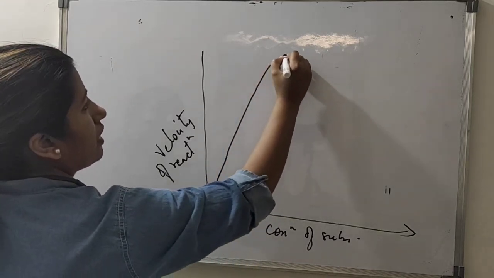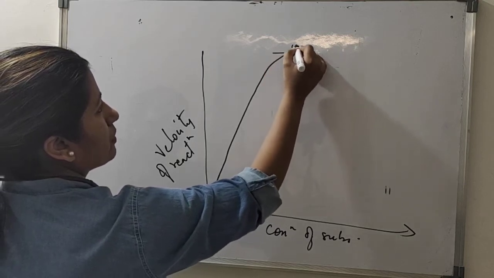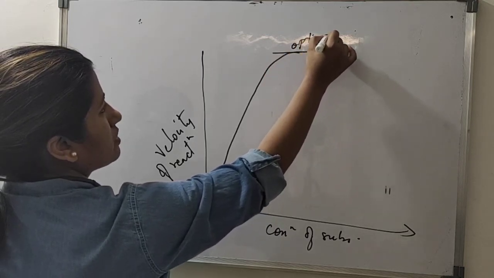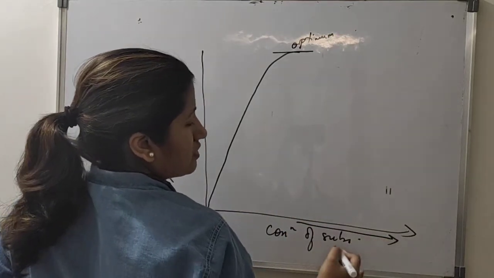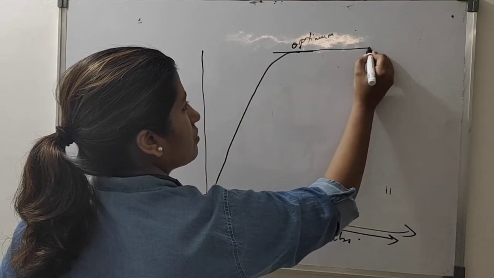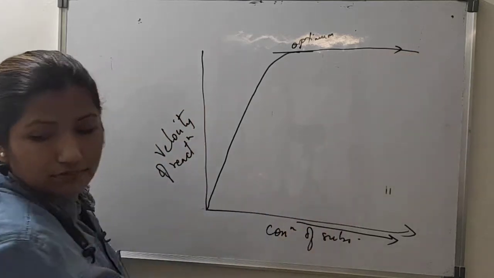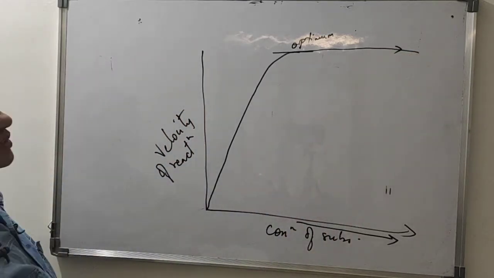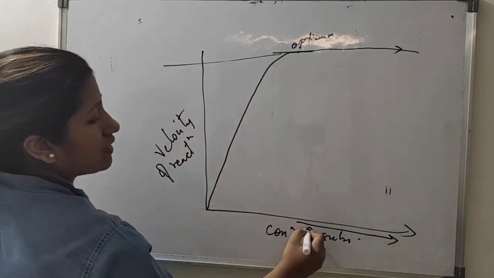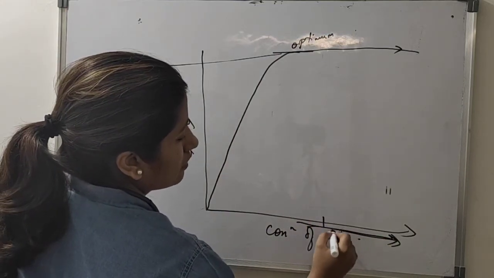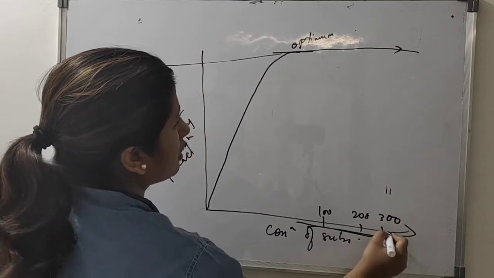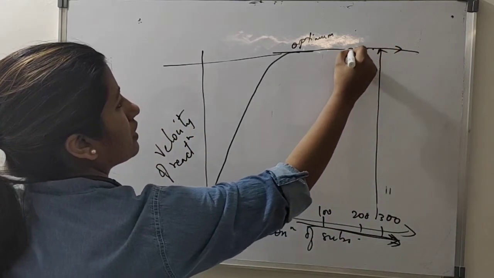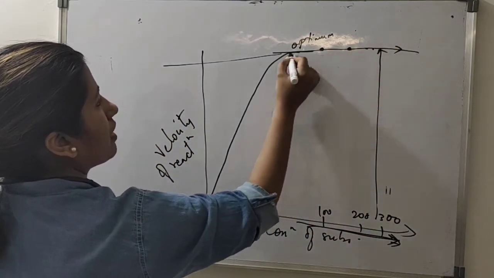It will keep on happening up to a certain level, that is the optimum limit. After that, no matter how much you increase the concentration of the substrate, the velocity remains the same. If you are increasing the concentration from 100 to 200 to 300, what is happening to the velocity? It is remaining the same.